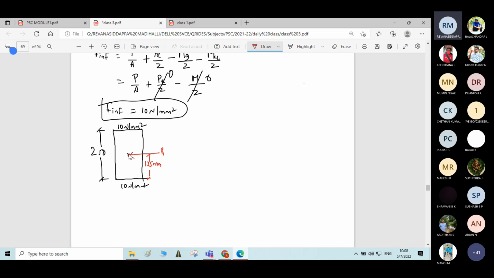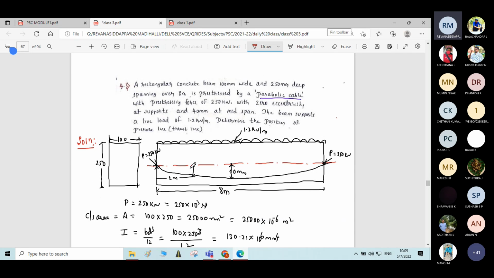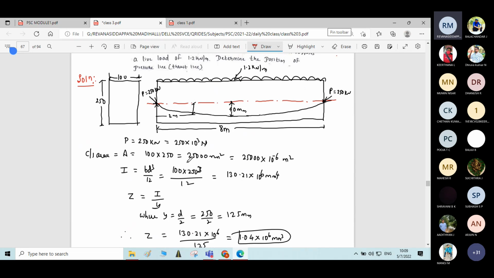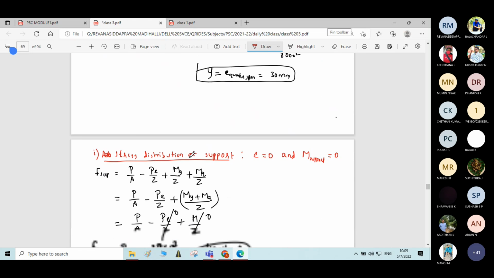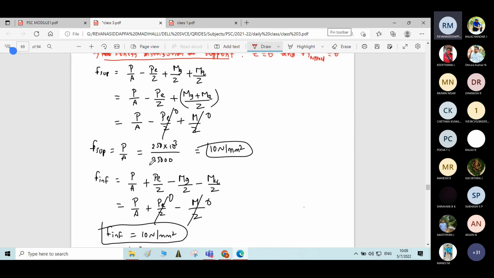Now we got the location of the thrust line at support: 125 mm from bottom fiber. So this completes the location of the thrust line for the support section.